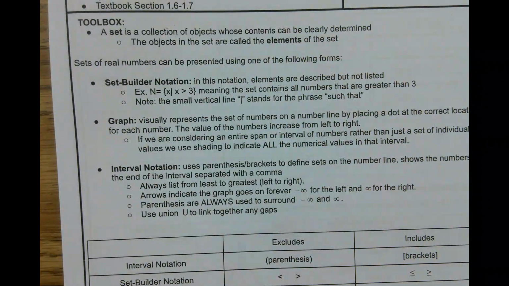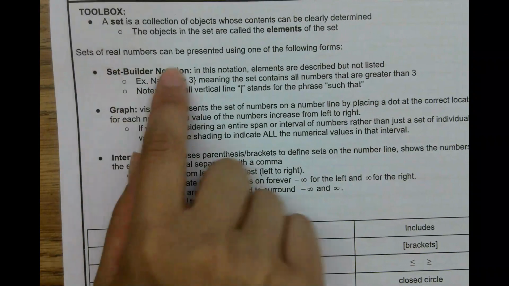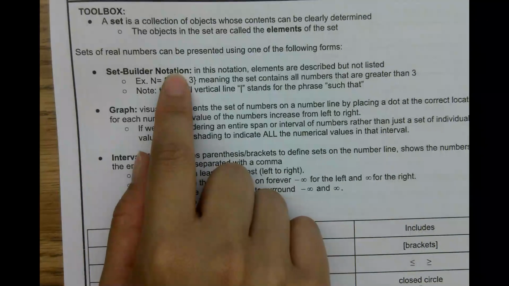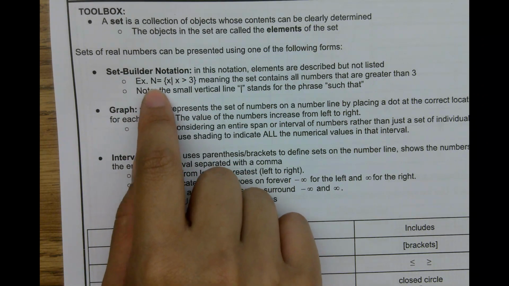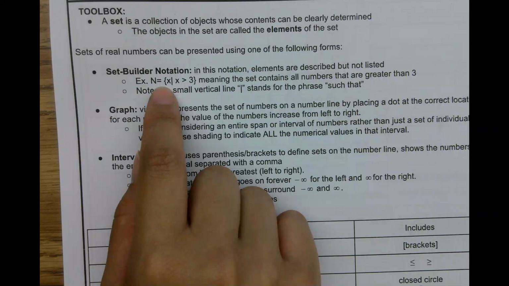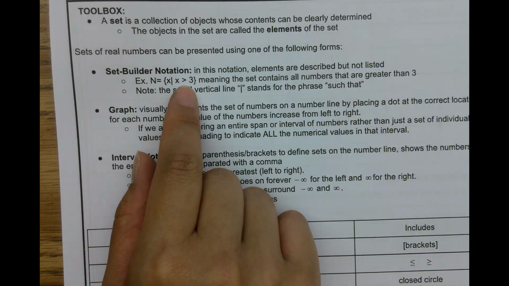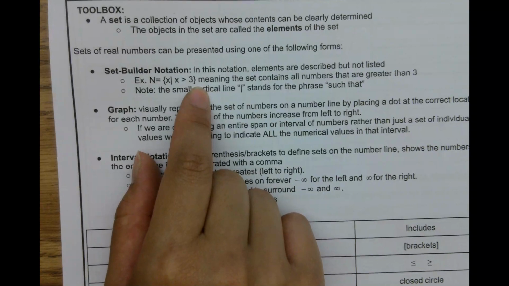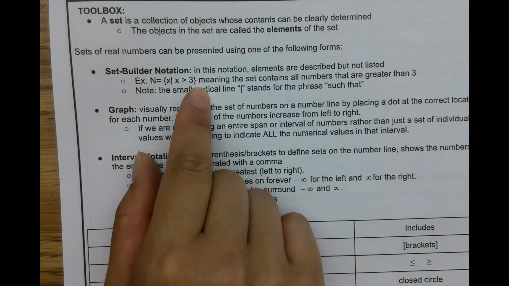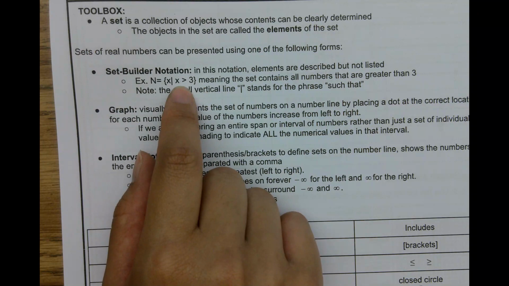Okay, the first is set builder notation. Okay, in this notation, elements are described, but they're not listed. So example, here we have N equals x, where all the x values are greater than 3. Right, so oftentimes we see set builder notation with our inequality symbols, things like greater than or less than.